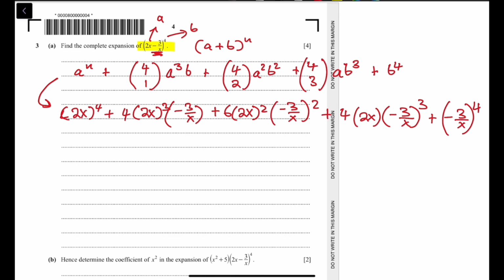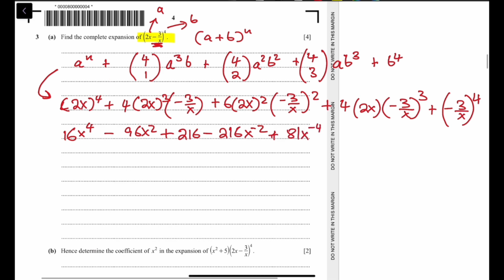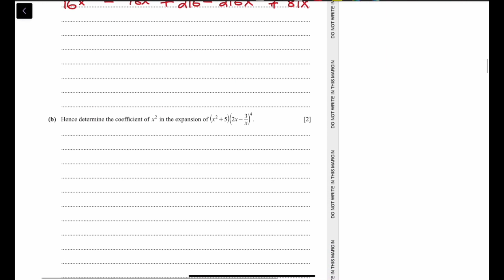Okay, and if we multiply these all out, or expand them, we get 16x to the power 4 minus 96x squared, plus 216 minus 216x to the power negative 2, plus 81x to the power negative 4. Then it asks us to determine the coefficient of x squared in the following expansion.